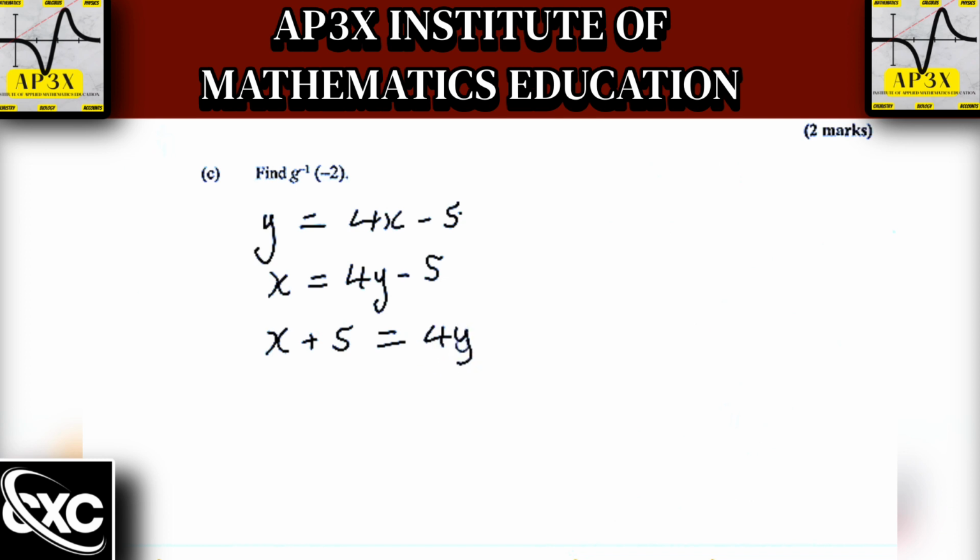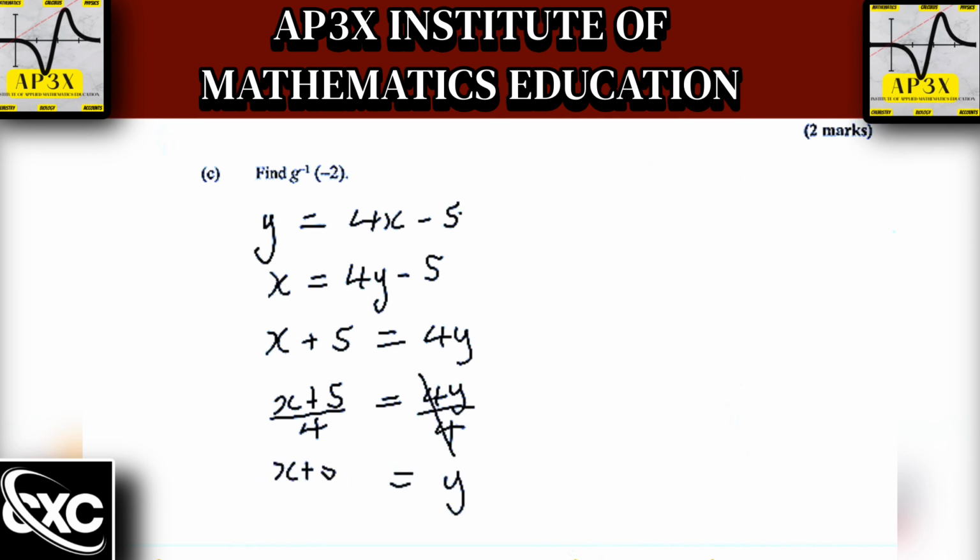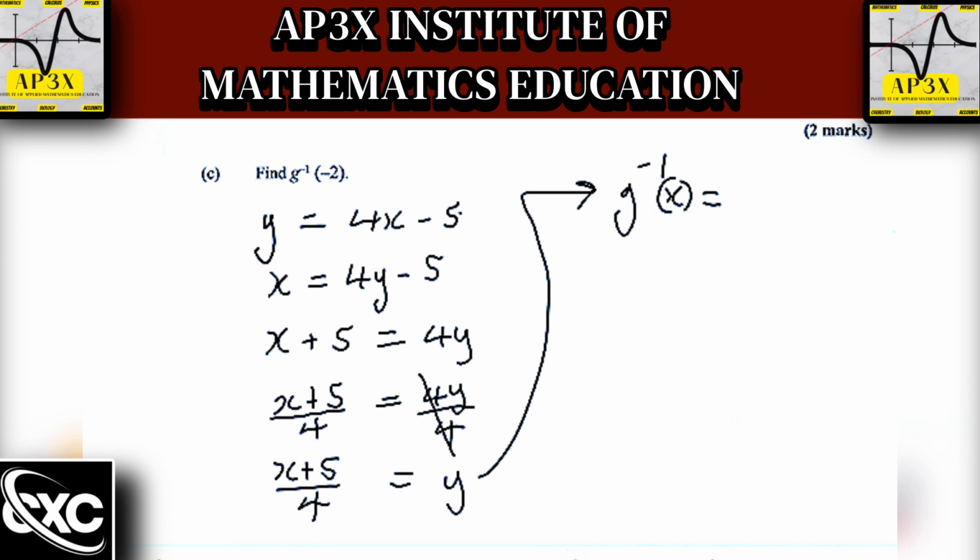And so I'm going to divide by 4: x plus 5 all divided by 4 is equal to 4y divided by 4. Cancel. So therefore y is equal to x plus 5 all divided by 4. Now the moment that y is isolated, g inverse of x equals x plus 5 over 4.